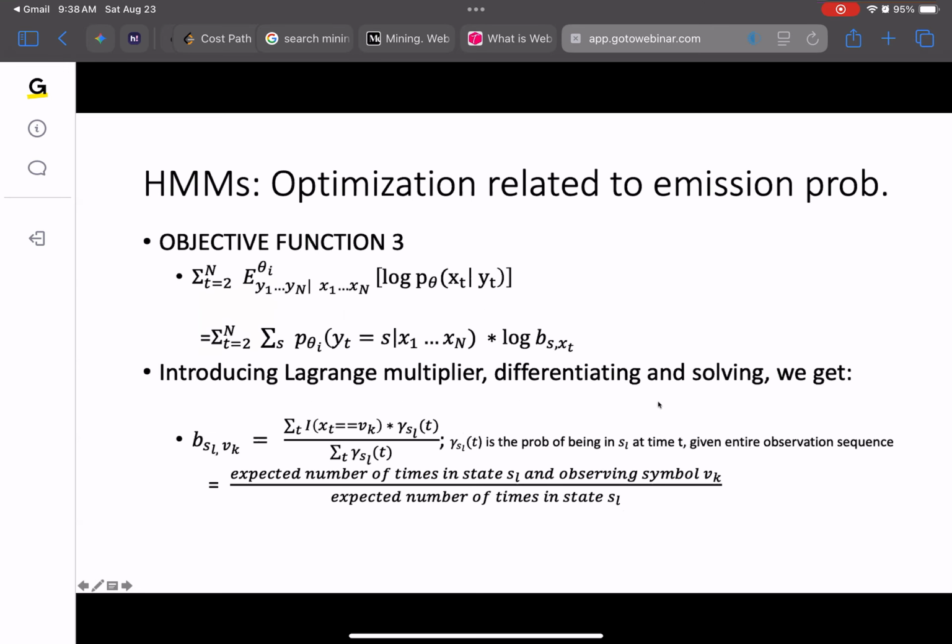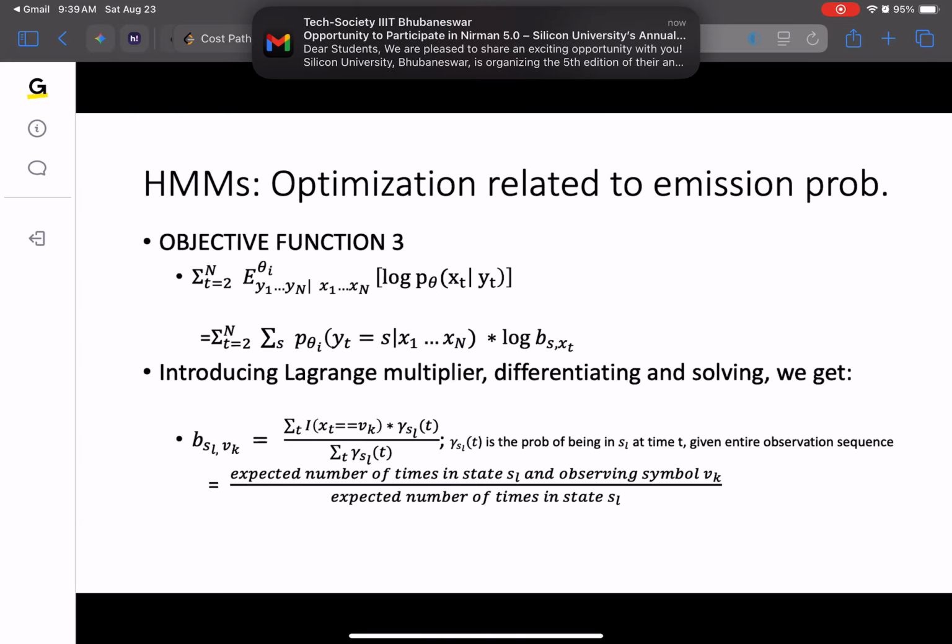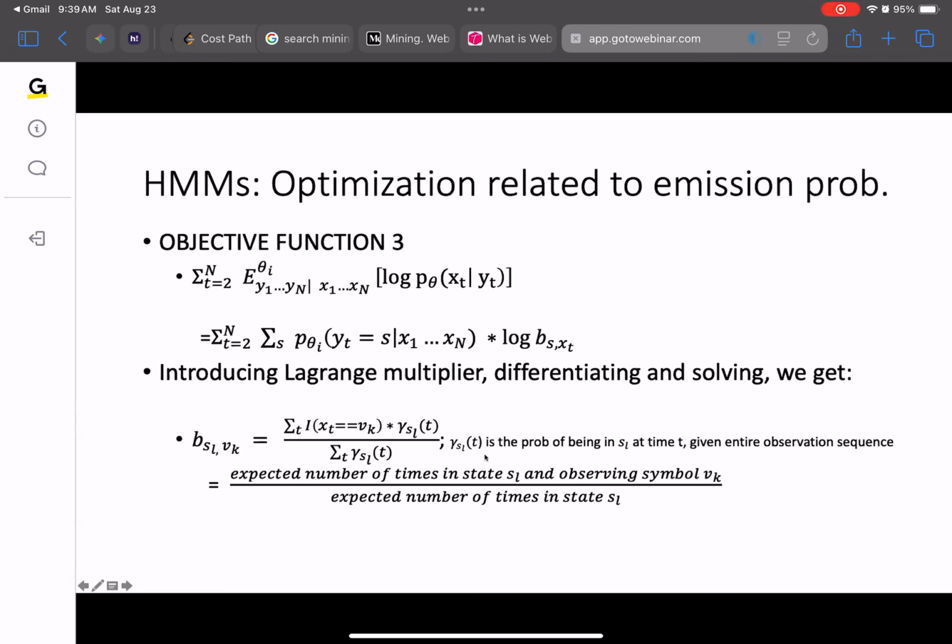Similarly, we can estimate the emission probabilities by solving the objective function 3. We can estimate the emission probabilities in terms of gamma. I here indicates the indicator function, which takes 1 when the observation xt equals vk, where gamma of SL of t is the probability of being in state SL at time t given the entire observation sequence.